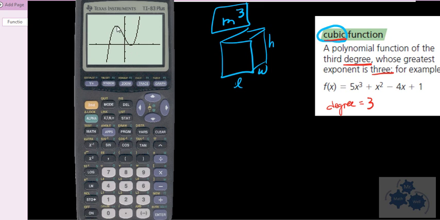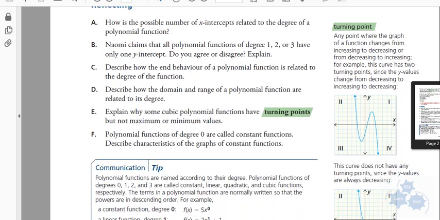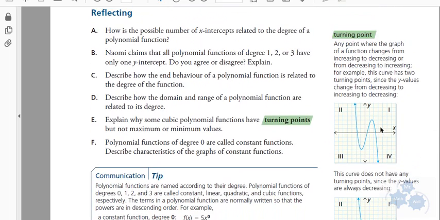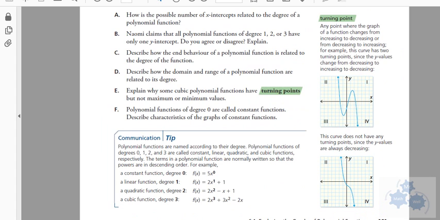All right, now we can see that little maximum point. This point right here in the graph and this point down here at the very bottom, those are called turning points. All right, they're called turning points. So back to our textbook here. Turning points.